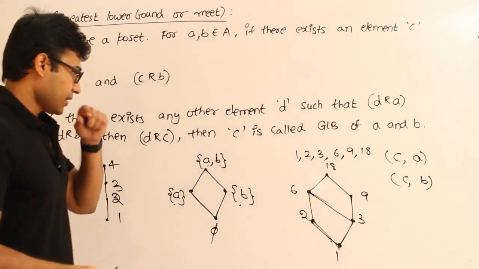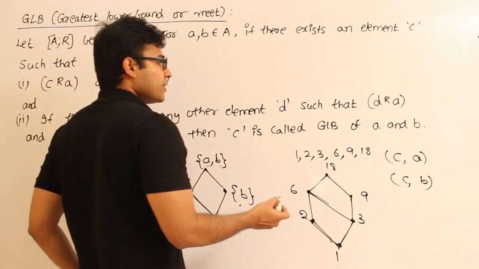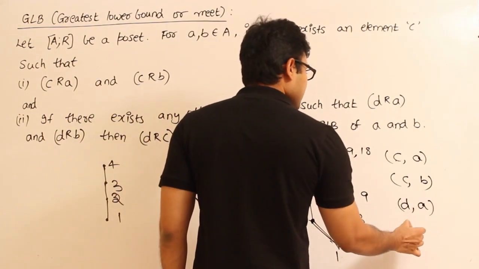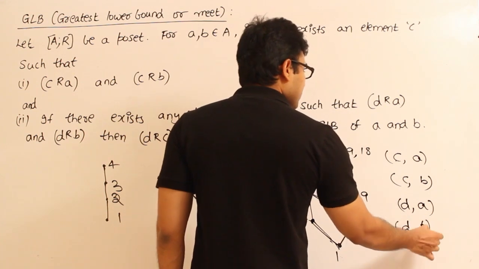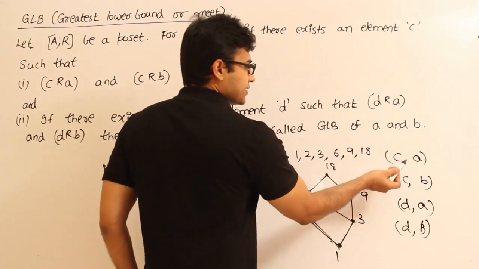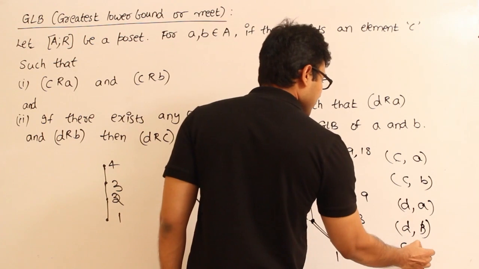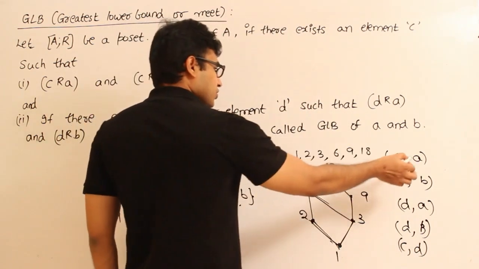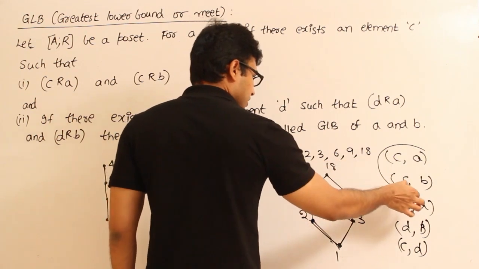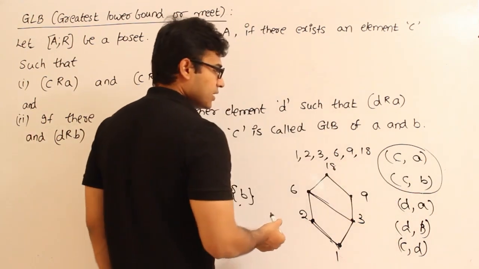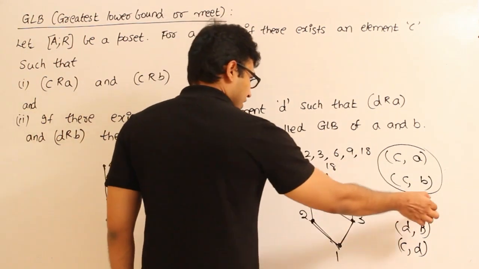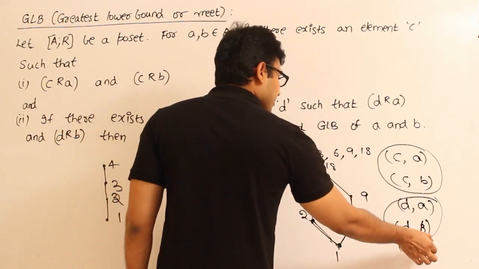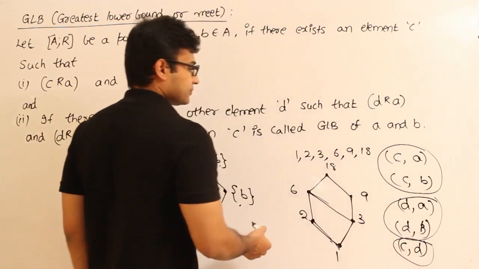And the second thing is, if you have any other element D which is lower than these, that element should be lower than C, which means C should be like this. So the entire meaning is: if you are going to find a greatest lower bound, it should definitely be related to both these elements, and if you have any other element which is related to these two, then that element should be lower than that C.